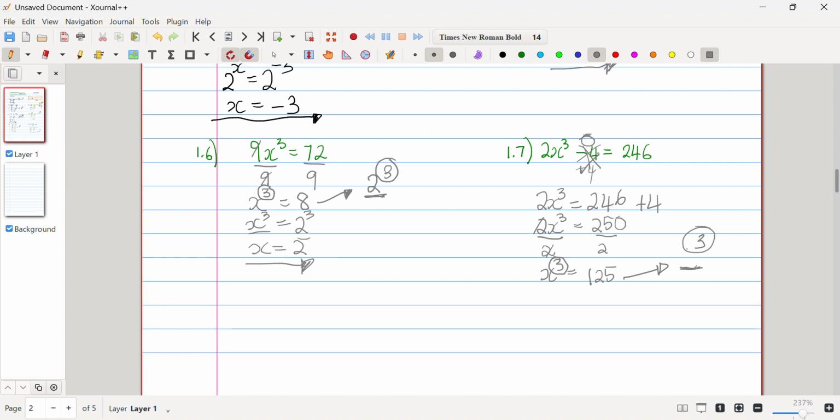Okay, and that is 5. 5 raised to the 3 is 125, so we can write that like that. x to the 3 equals 5 to the 3. And then I can make my bases equal. So x is going to equal 5. And that is that, guys. That is how we do equations with exponents.